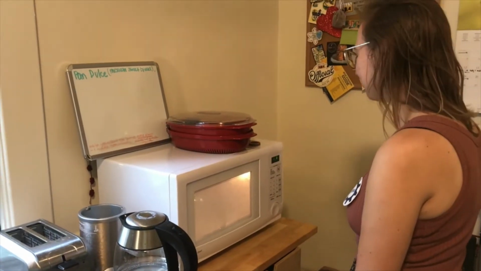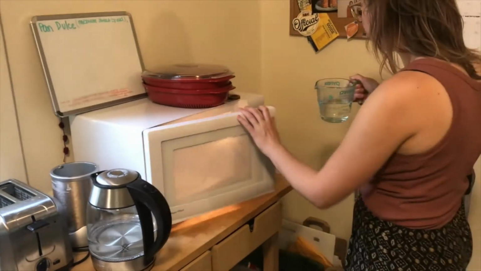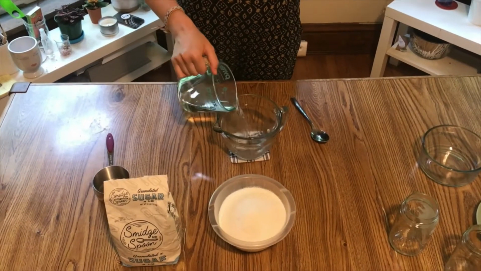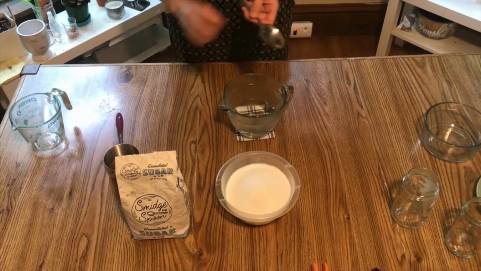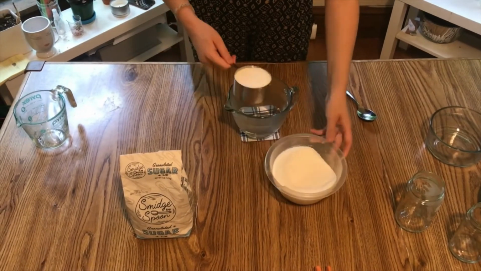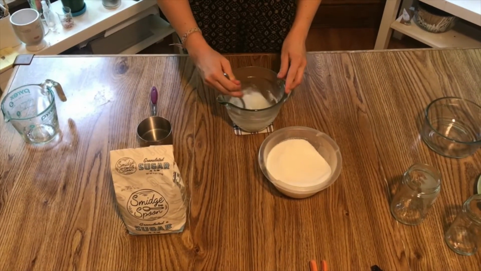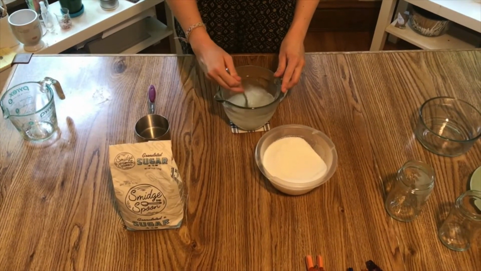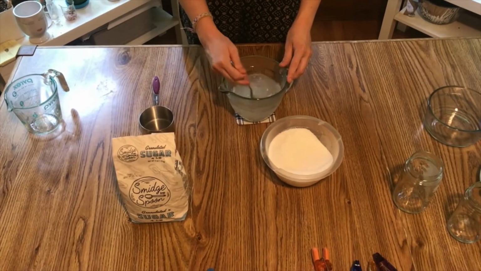Add 1 cup of water to your microwave bowl and place it inside the microwave for 2 minutes. Once boiling, slowly add in your sugar 1 cup at a time. Keep mixing until the sugar is dissolved. Once dissolved, add in your next cup.